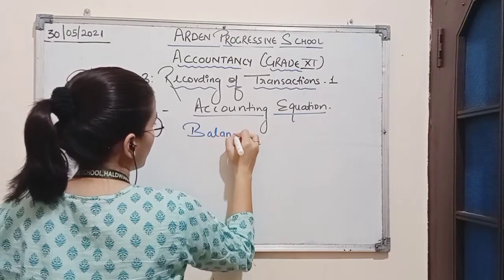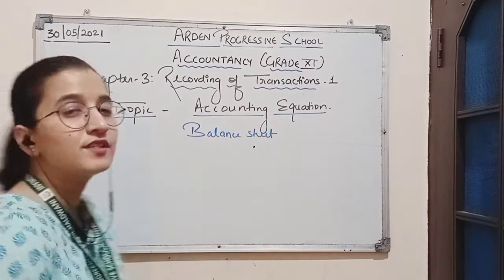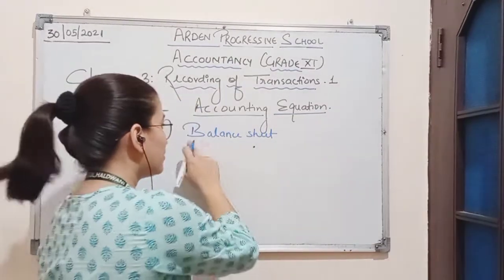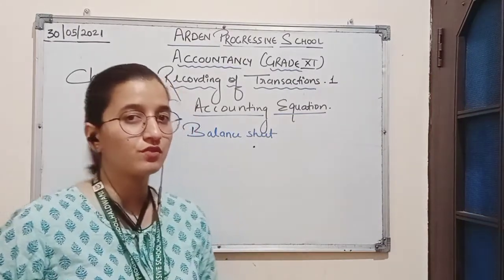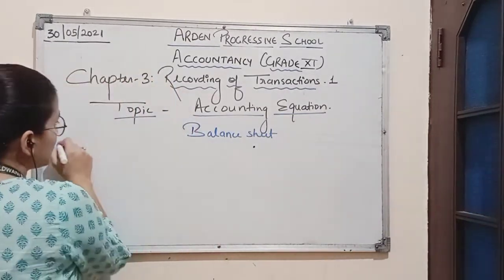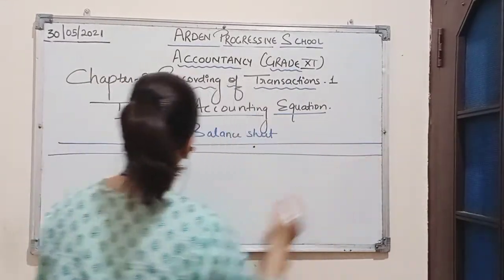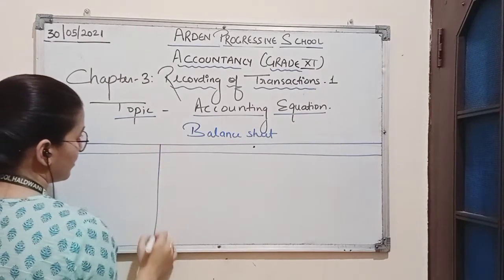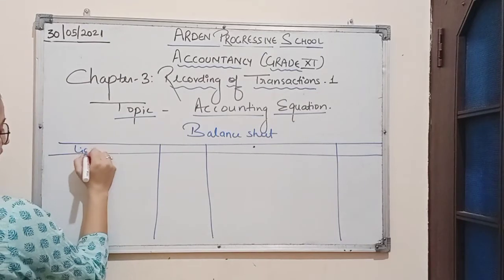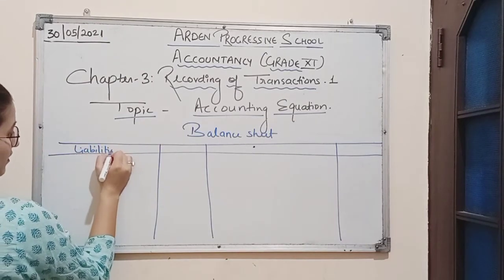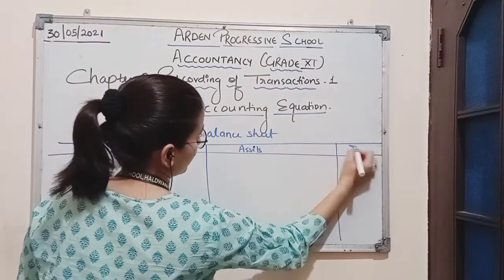As we know, the balance sheet is prepared by the firm, which shows the financial position of the firm. The main motive of preparing the balance sheet is to ascertain the financial position of the business, and it is always prepared in T format. It includes liabilities and assets columns.